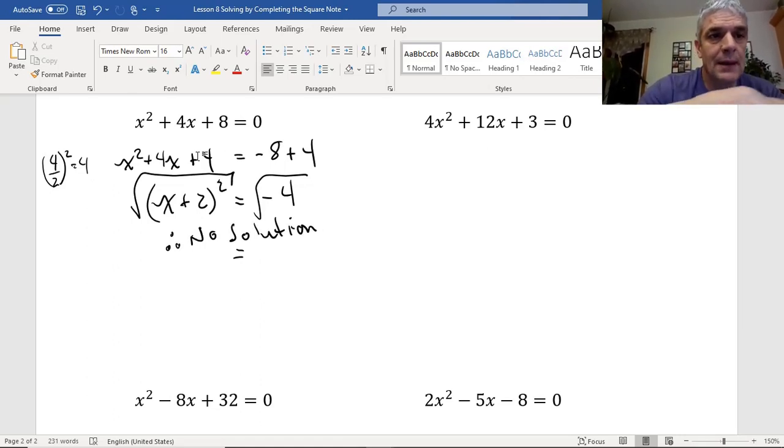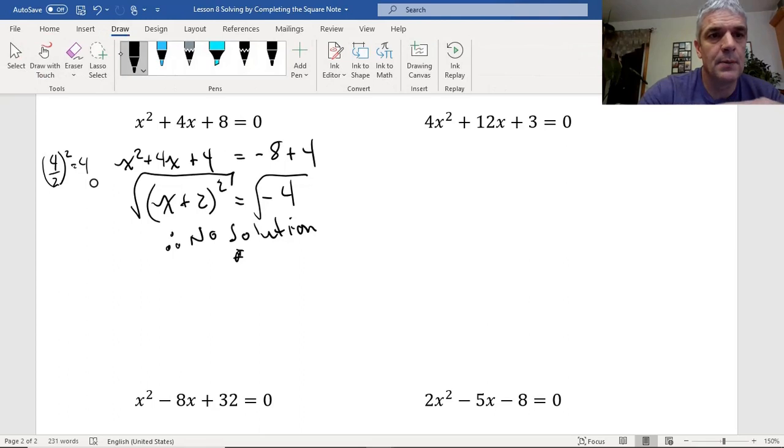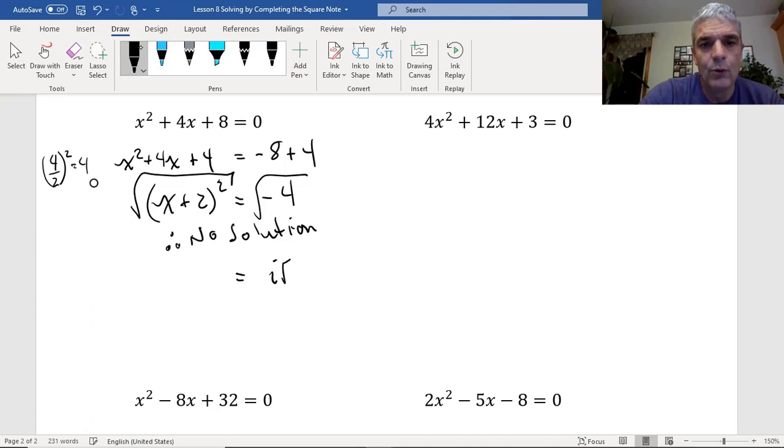Now, what sometimes happens is they do this here. Sorry, I got to erase there. Let me get my eraser. They sometimes will write this as i root 4. In other words, it's an imaginary number, plus or minus the imaginary number of root 4, which is actually going to be 2. It's going to be i2.